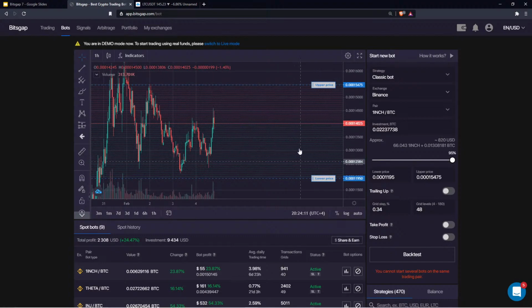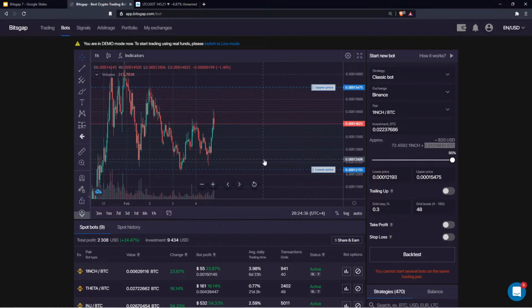Same applies to the buy zone. If you decrease the buy zone, let's say to that point, fewer bitcoins are required. If you increase it, then you see strictly another allocation.